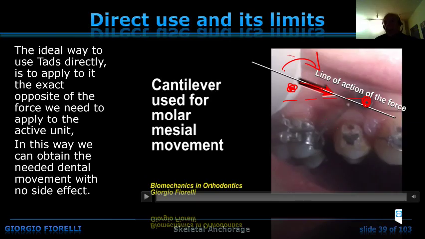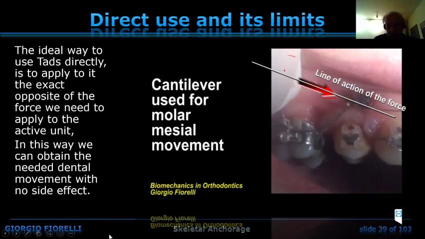Maybe, yes, there is a vertical extrusive force, but if the patient is not a high angle case, has good capability of chewing here, this might not be a problem. So let me see the video so you can see what is going to happen here.